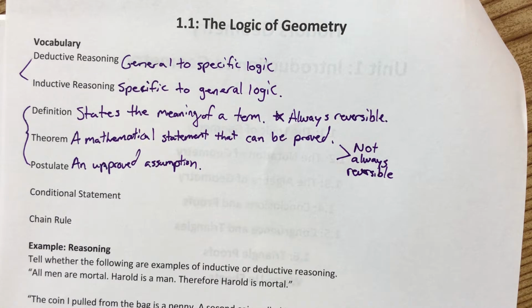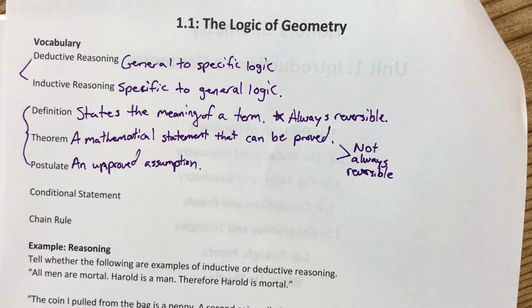But if I turn it around and say, if I wear a raincoat, it will rain, that no longer makes sense. So that is not reversible. You always have to check whether the statements you're using are reversible and whether they could be used for another purpose because they are reversible.